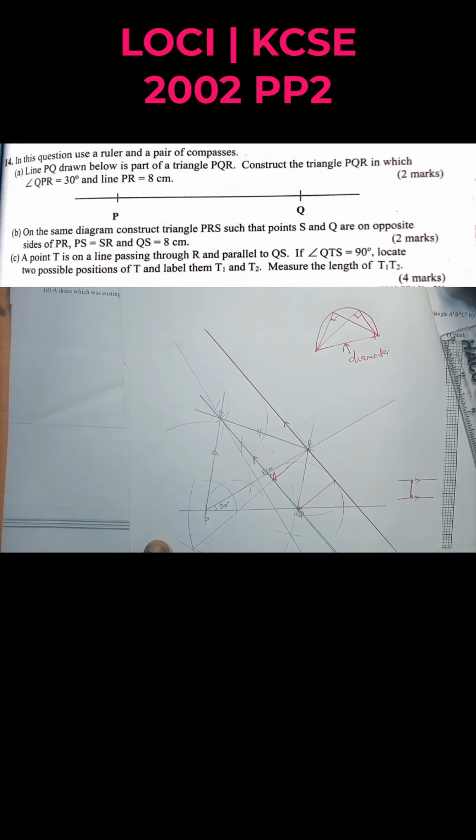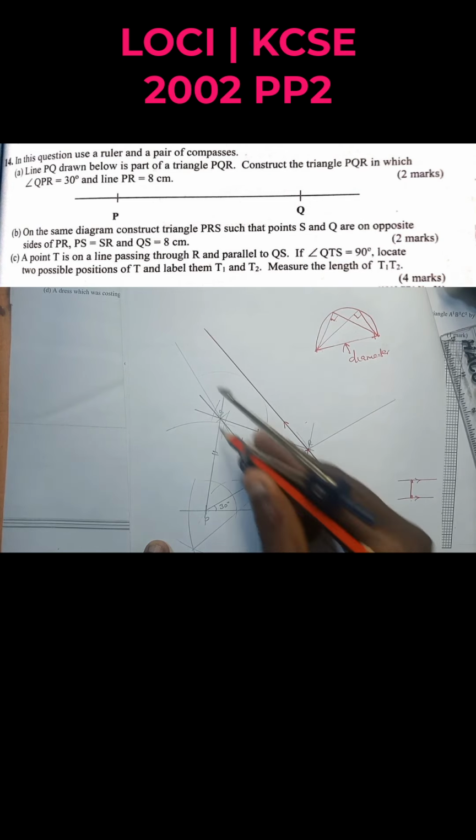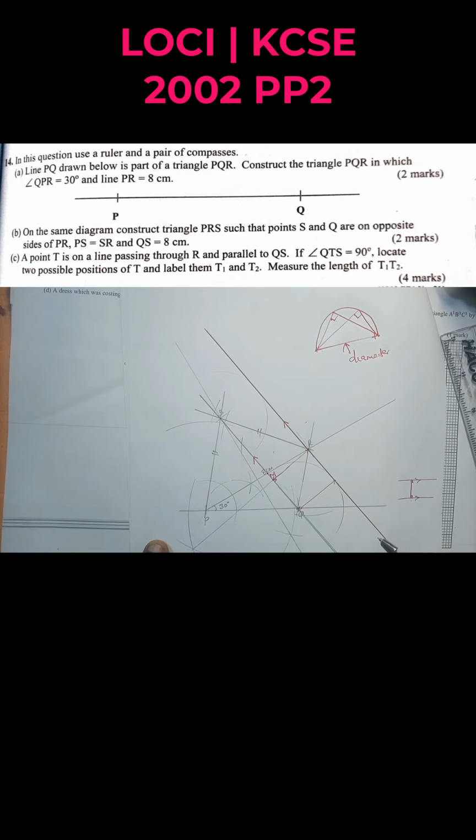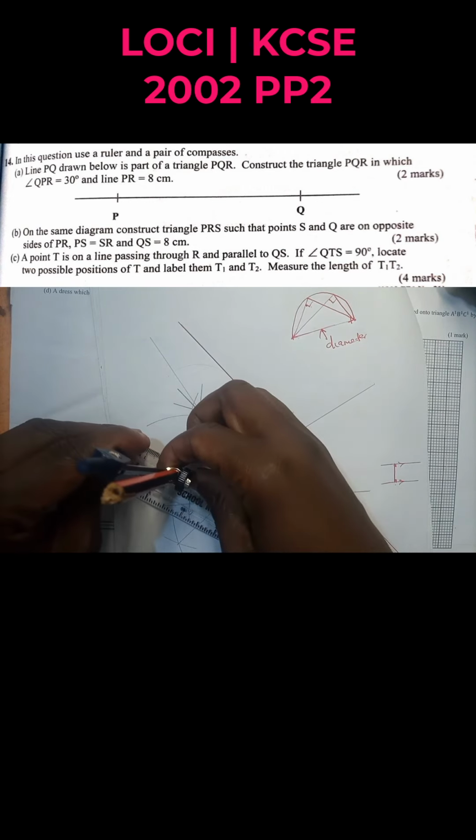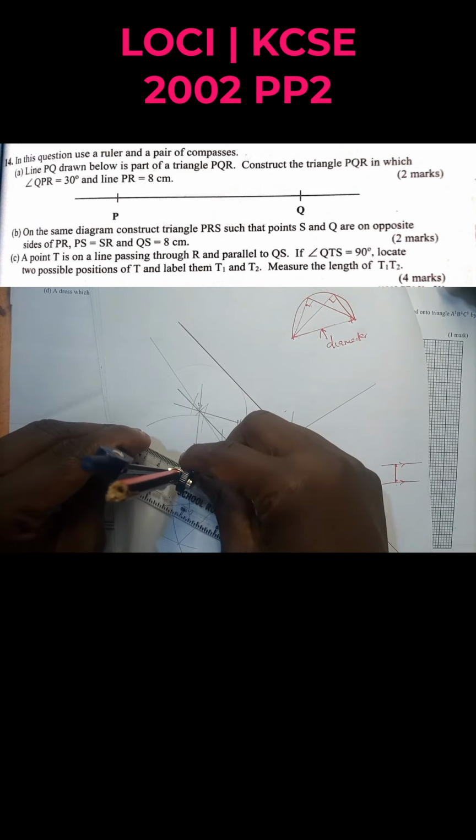Already we have the length of QS is 8 centimeters, so half of that line will be 4 centimeters. We need 4 centimeters to use as the radius to construct that. So let me get 4 centimeters.